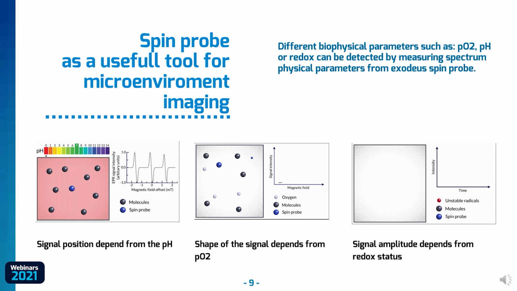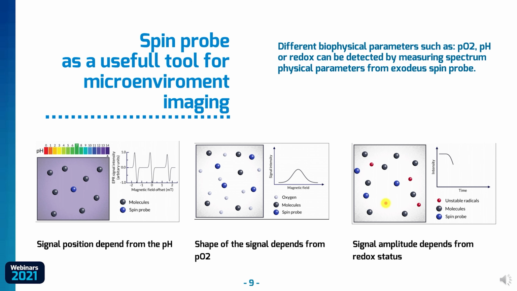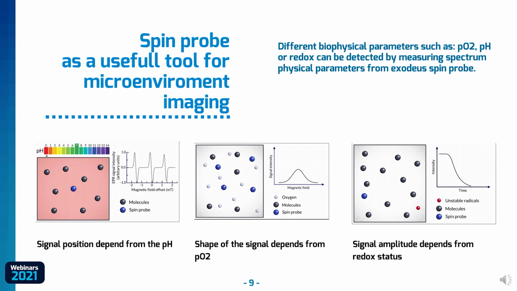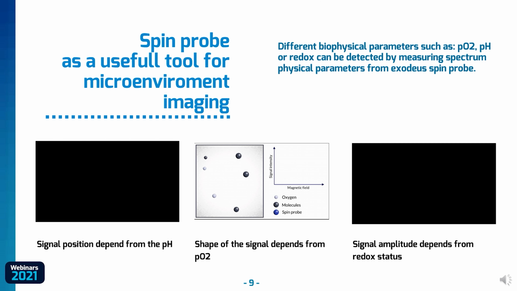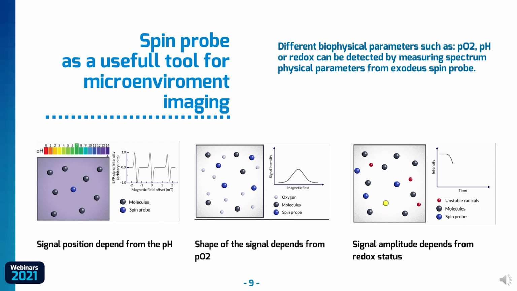To obtain microenvironment parameters such as pO2, pH, redox state, or Pi, dedicated spin probes were synthesized. The shape of the recorded spectrum depends on the parameters of the microenvironment. As you can see in the animation, at the left, a change in the line position can be related to the pH.